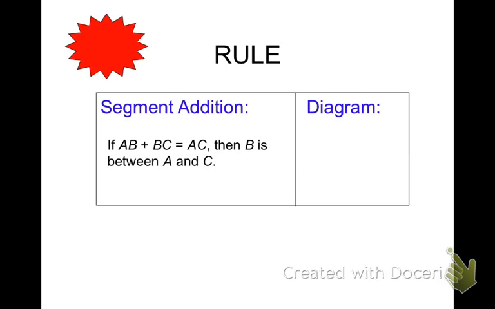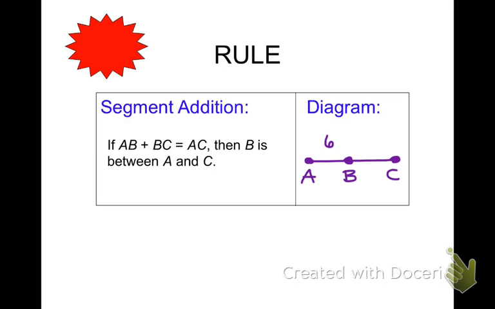So diagram-wise, let's make a nice big long line segment. Put A on the left, C on the right. Put B somewhere in between. And let's just throw some quick examples in there.